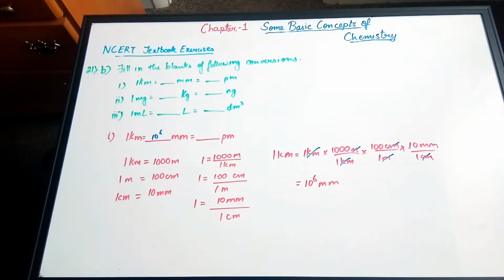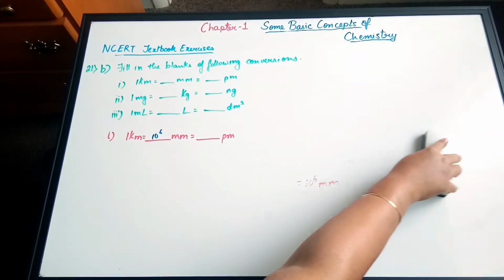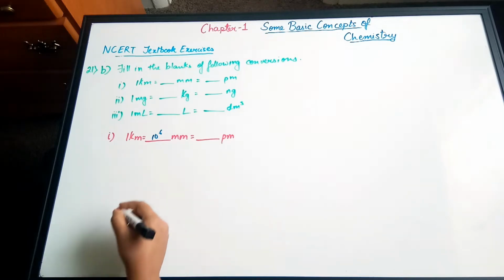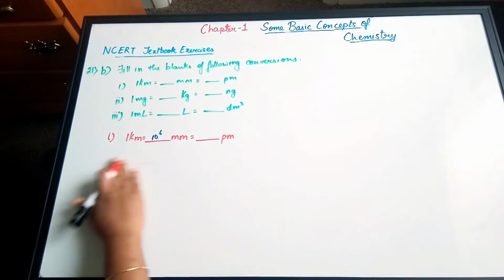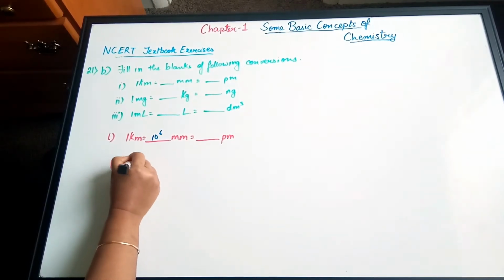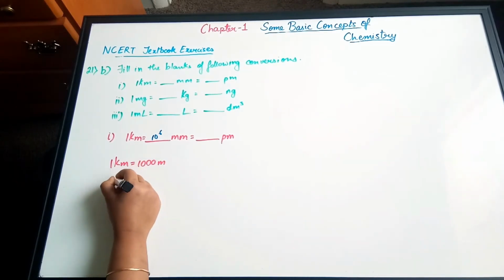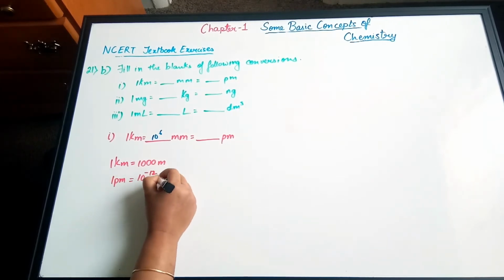Next, we need to convert 1 kilometer to picometer. Again, similar to the previous one, 1 kilometer equals 1000 meters, and 1 picometer equals 10 to the power minus 12 meters.